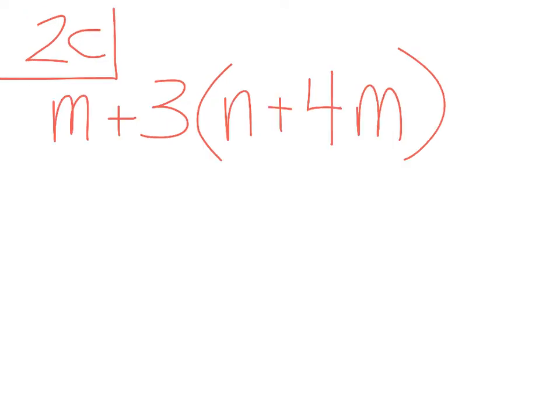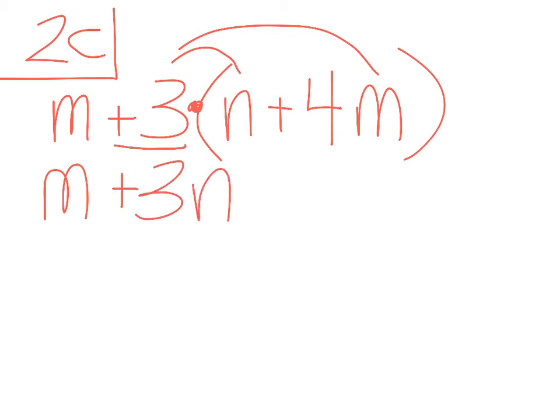Example 2c. Now this combines a couple things. We're always using PEMDAS, even when there's letters involved. So we start with parentheses. It says n minus 4m. Those are not like terms, so we're not going to put those together. So we move on to exponents. There are none. So we move on to multiply, divide. And here's the multiplication. There's a 3 that's multiplying by the parentheses. So I'm going to do what's called the distributive property. I'm going to take this positive 3 and multiply it by n. Positive 3 times n is plus 3n.